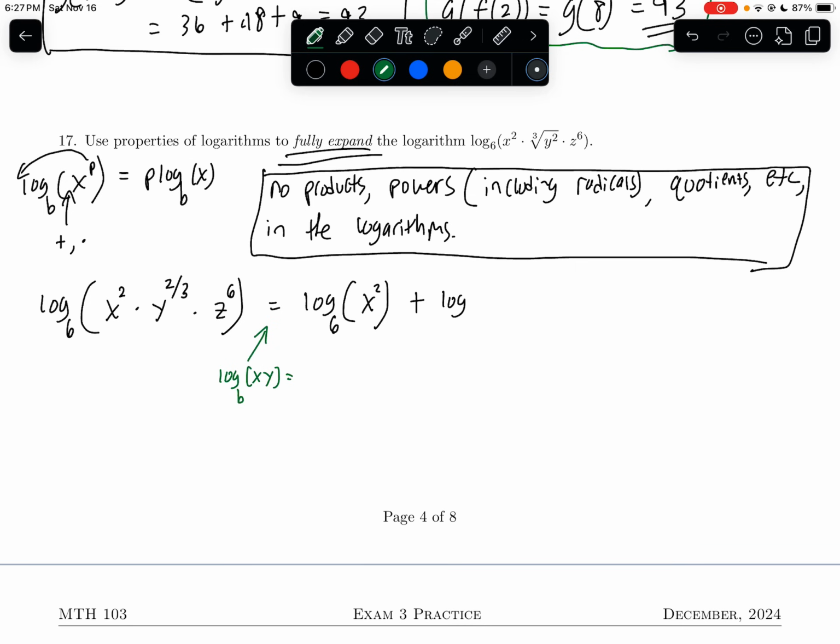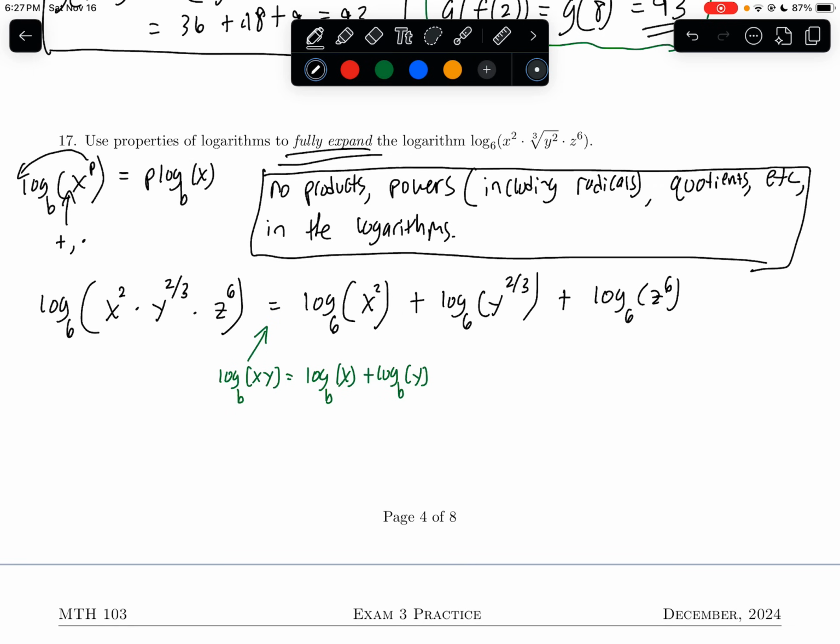Yeah, they're powers here, but that doesn't matter. Then we can write this as log base b of x plus log base b of y. So products in the logarithms become sums of logarithms. So we're left with this, and we can do this for each term.